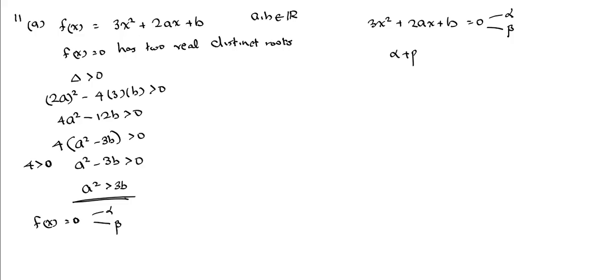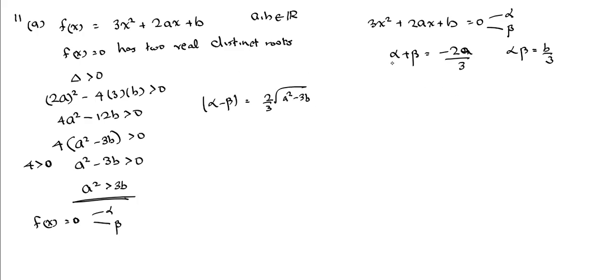So alpha plus beta will be minus 2a over 3. Alpha beta will be b over 3. Then they are telling us to show that the modulus of alpha minus beta is 2 over 3 root a squared minus 3b. This is what they are expecting.